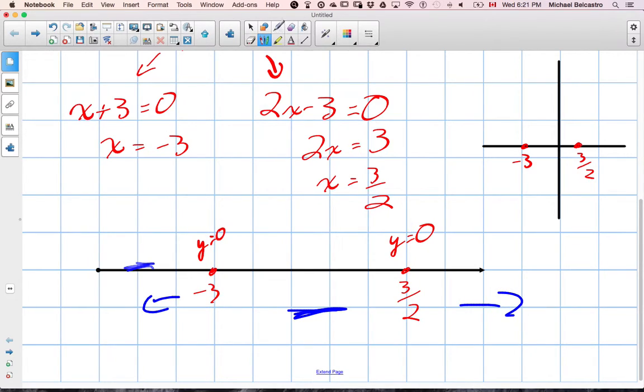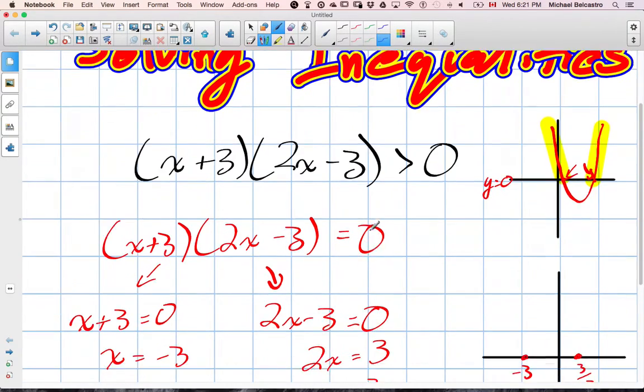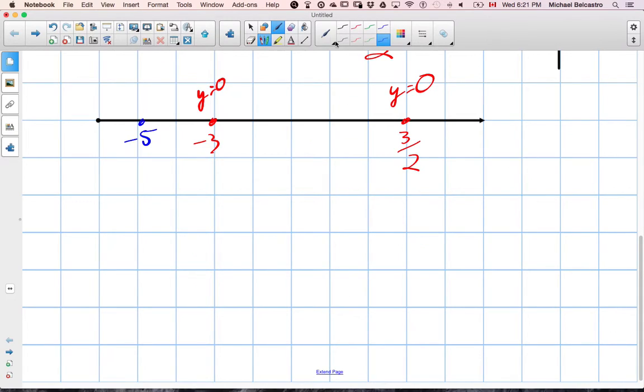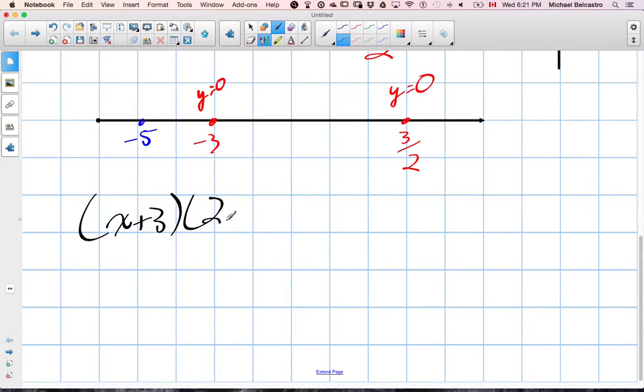For any value less than negative 3, I'll use something like negative 5. That's less than negative 3. I'm going to take that number, plug it into the equation, and see what value we get. The equation reads x plus 3 and 2x minus 3. We're going to replace the x's with our new testing values.